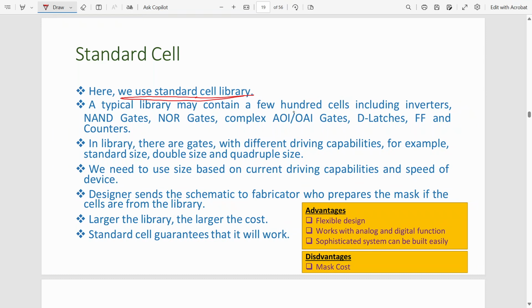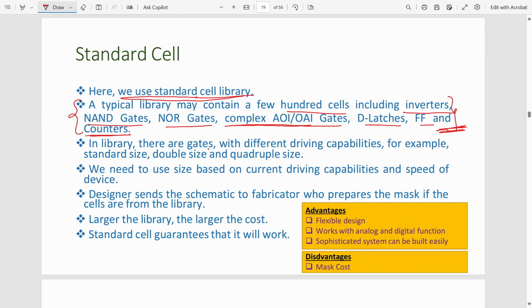They have some hundreds of cells: inverters, NAND gates, NOR gates, complex AOI, that means AND-OR-invert logic gates, D latches, flip flops, counters. Whatever digital circuits are there are readily available as standard cells. Those we use in semi-custom design.